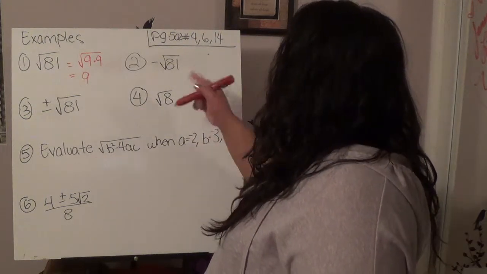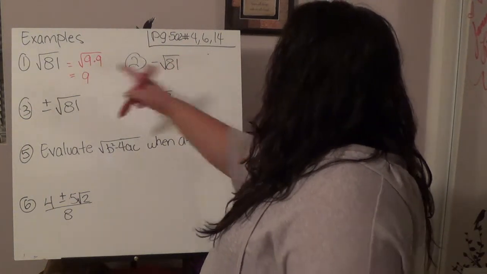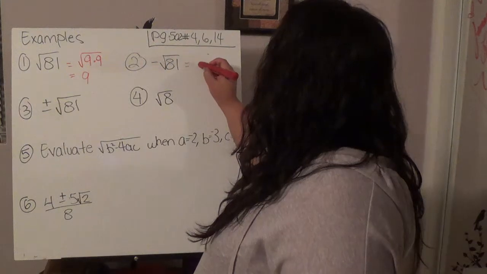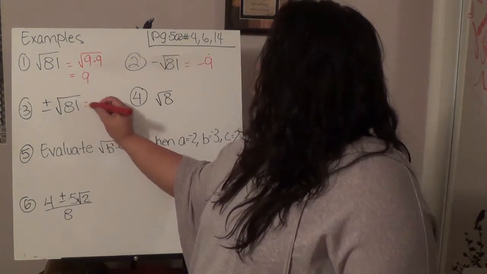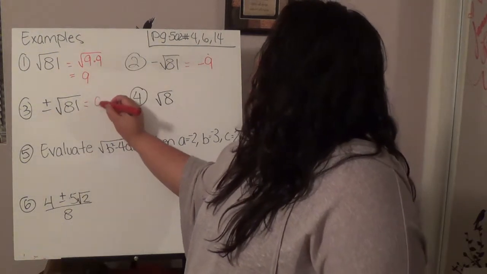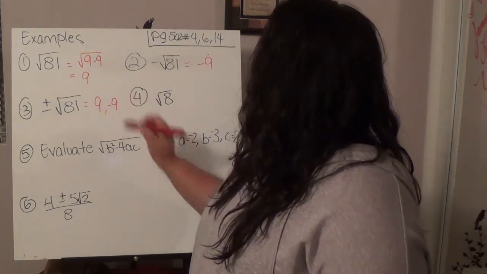The next one has a negative sign, so it's the same as this one, but my answer is going to be negative 9. This one wants both answers, so I'm going to have 9 and negative 9.